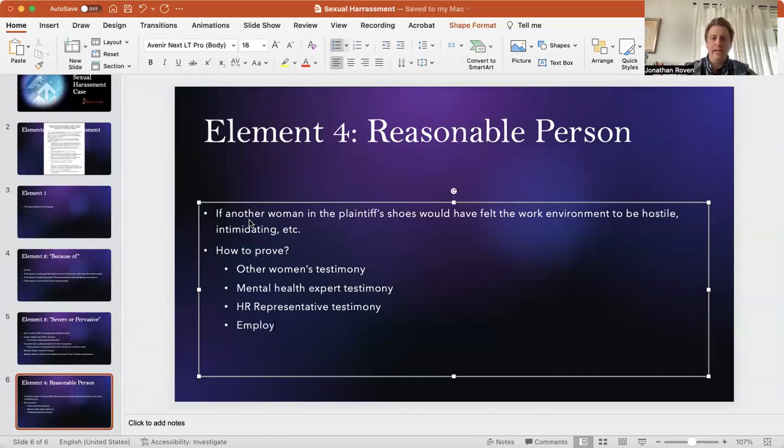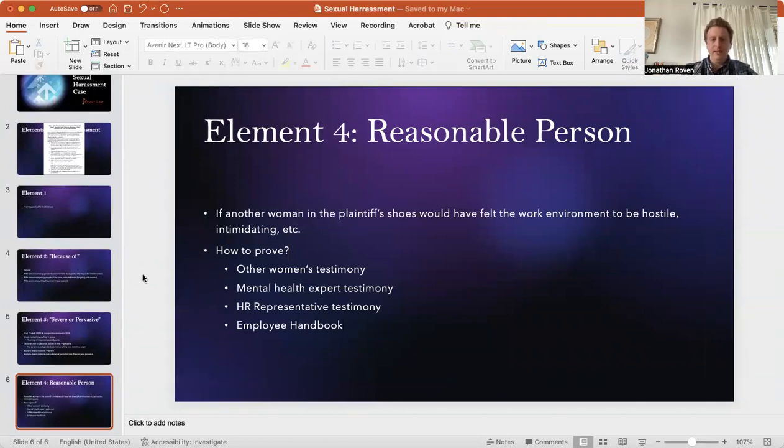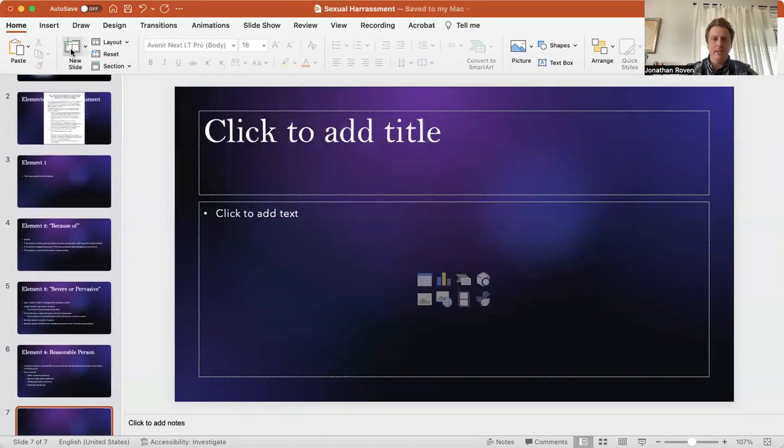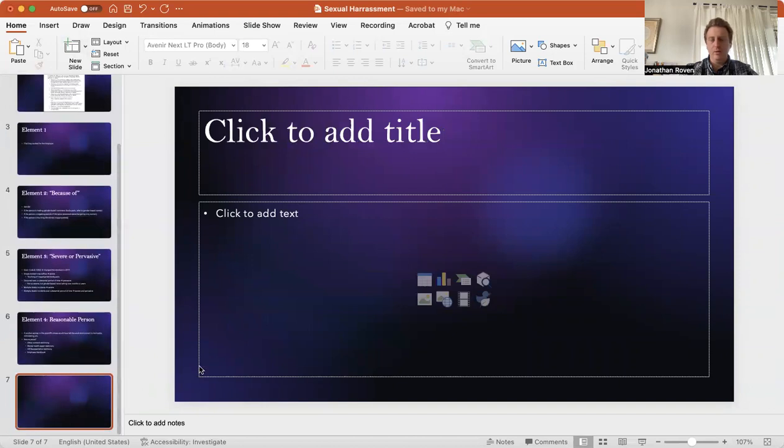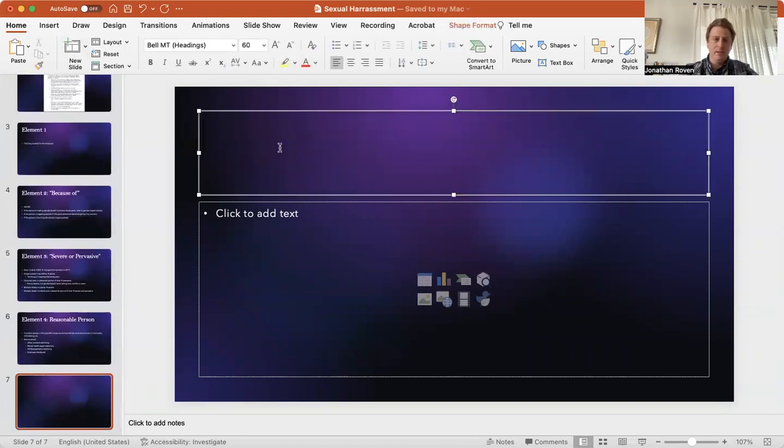You can also show by the employee handbook what isn't allowed, and you can make the argument that if it's in the employee handbook, then that's what the standard should be for men or women or the interaction in the workplace.